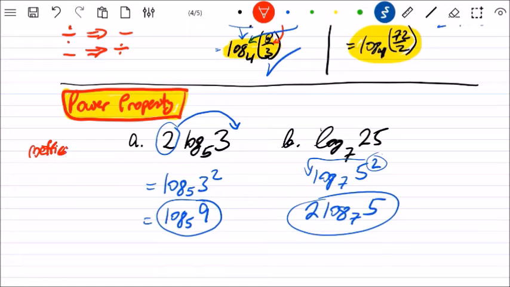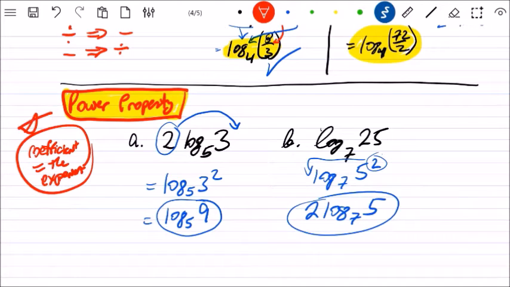Coefficient equals exponent. So you can move them back and forth like that. That's going to come in very handy for solving certain problems.